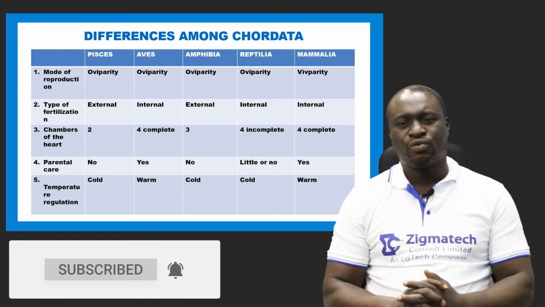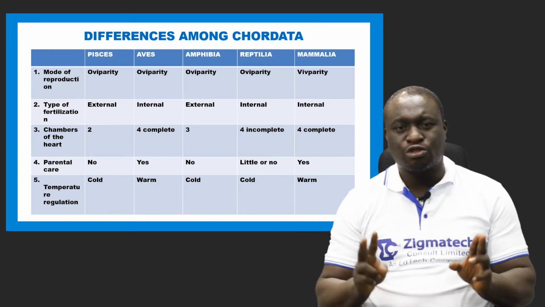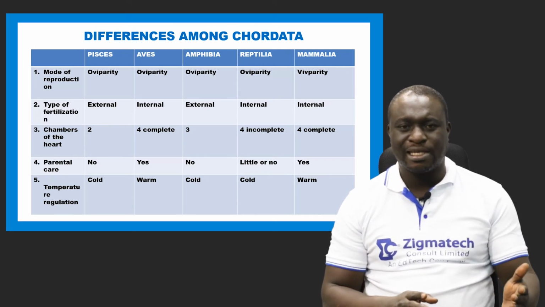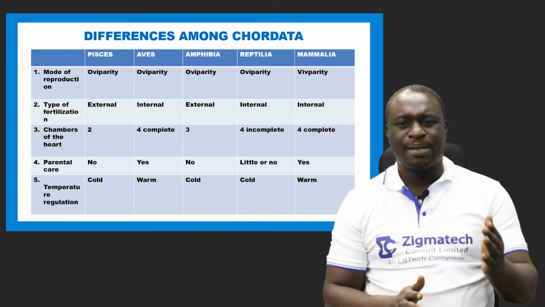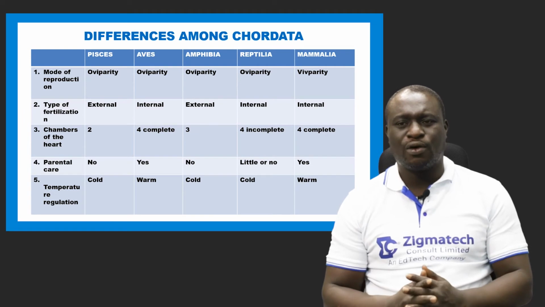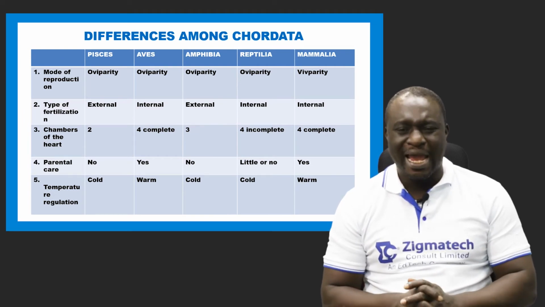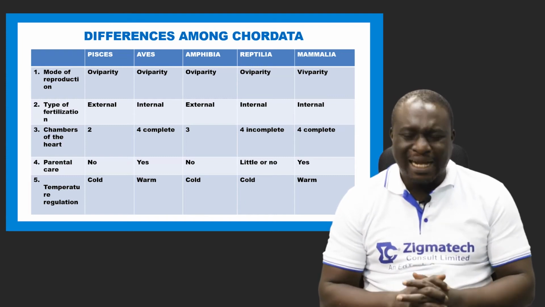Number two is types of fertilization. If you can remember, we have looked at two important types: external fertilization and internal fertilization. Pisces undergo external fertilization. Aves, which are birds, undergo internal fertilization.